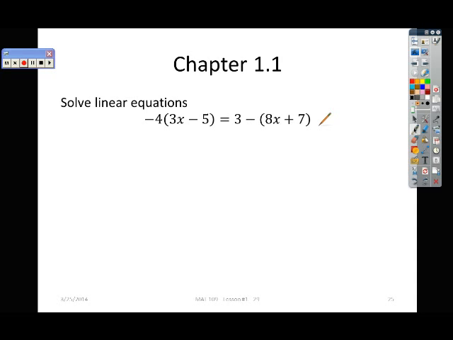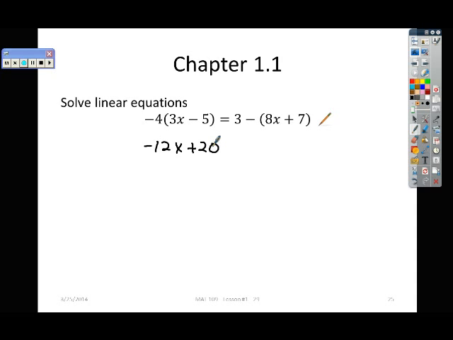So here, if we remove the parentheses, let me check you up on your signs. If I remove the parentheses on the left side, what do I get? Plus or minus here? Make sure you get those signs correct.